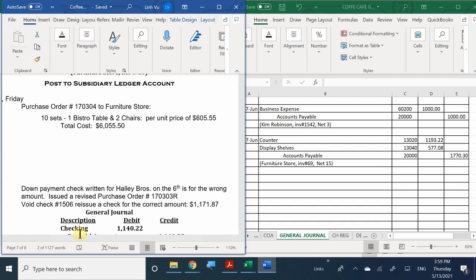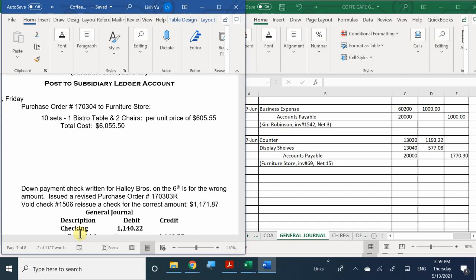Also, we sent the check out already. So what should we do? What's the general rule here? What should we do first? Okay, but we already sent the check out. Would we void the first check and then put in the second check that we wrote?